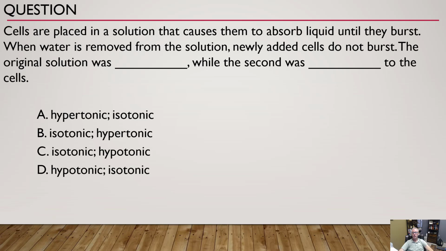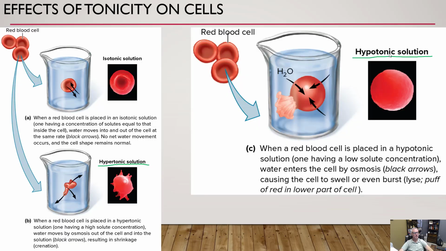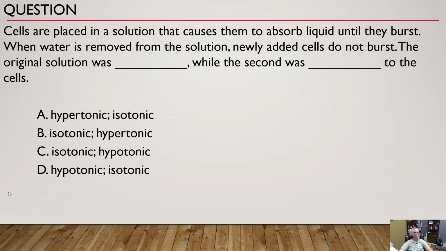Cells absorb liquids until they burst, so that's a hypotonic solution. The original solution was hypotonic, and then for the second part, newly added cells do not burst, so that's going to be an isotonic solution.